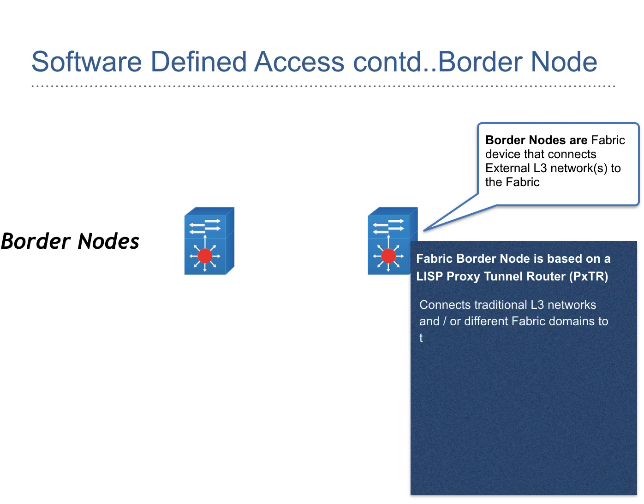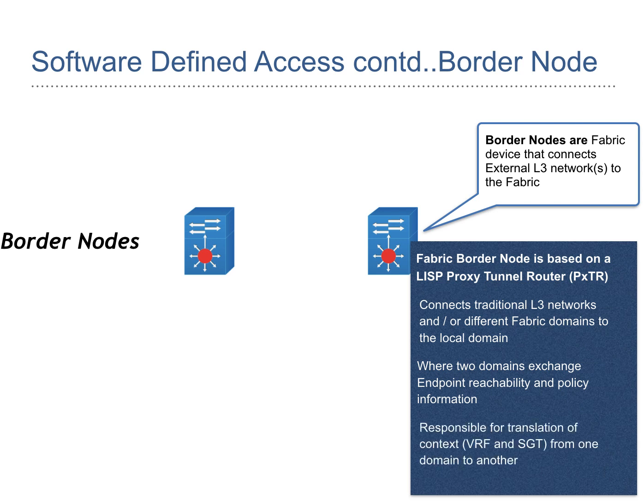Make sense? So as I said, it connects the L3 network from different fabrics to your local domain and exchanges endpoint reachability and policy information, and is also responsible for translation of your VRF and SGT from one domain to another.